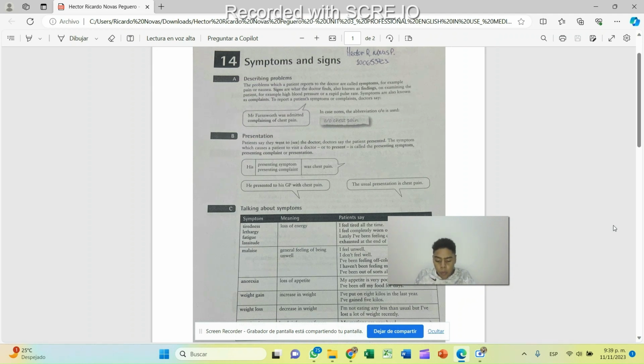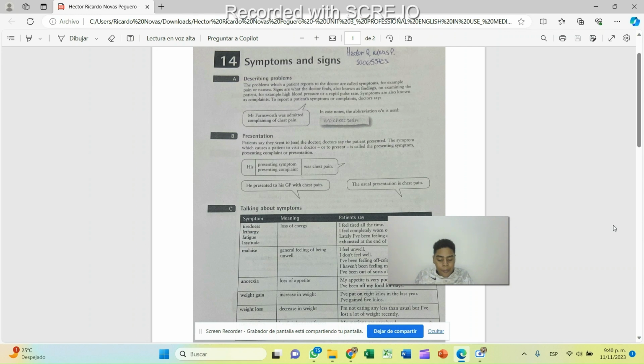Signs are what the doctor finds, also known as findings on examining the patient, for example, high blood pressure or a rapid pulse rate. Symptoms are also known as complaints.